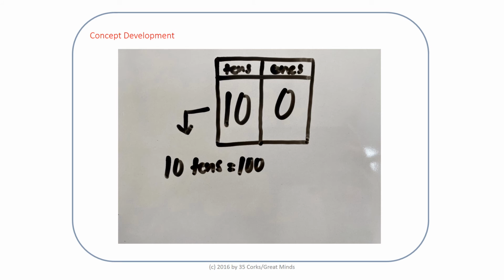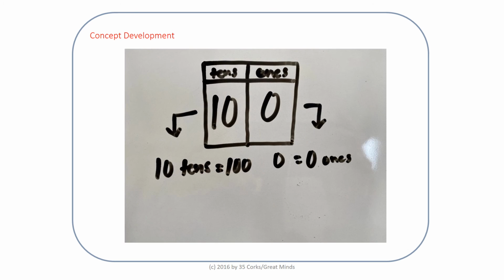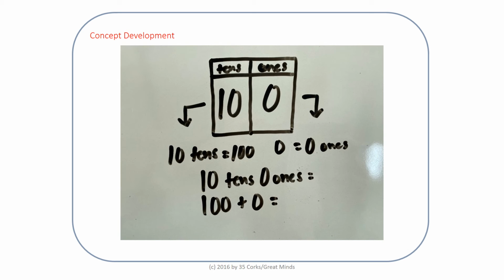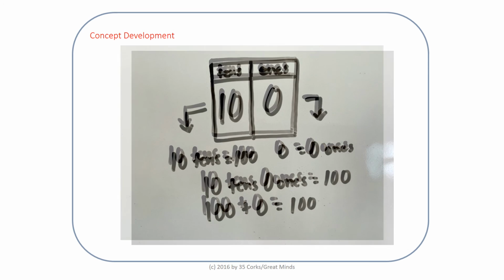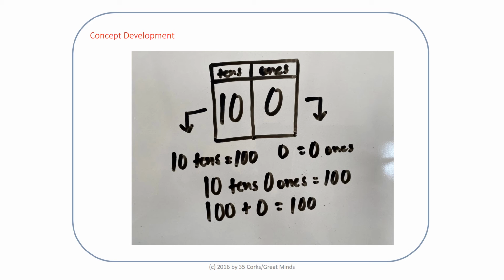What does the digit 0 stand for? 0 ones. What is 10 tens, 0 ones equal to? What is 100 plus 0 equal? They both equal 100.